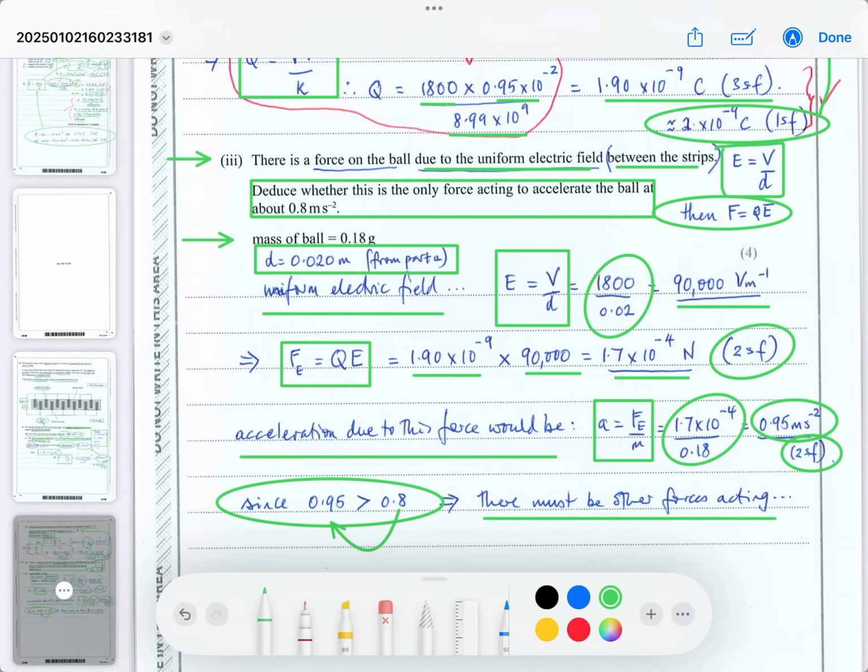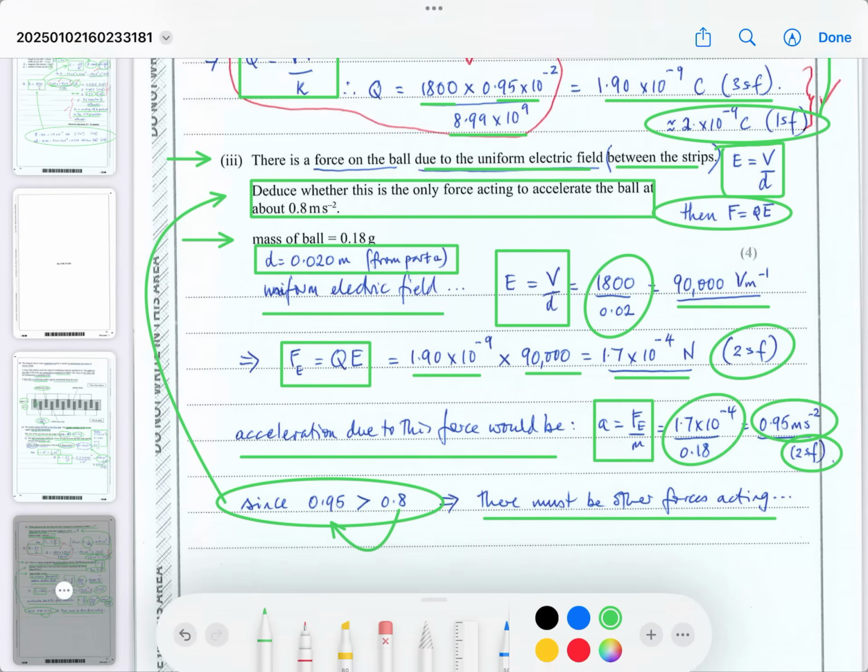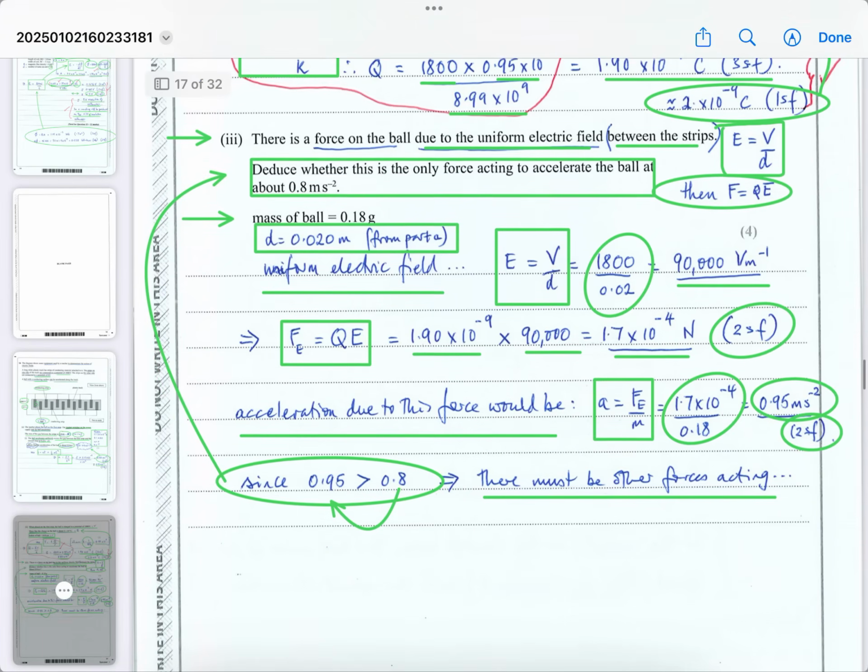That's how I should have put it. Excuse the way I explained that last bit, because your acceleration is higher than the 0.8 that we wanted to work out here. So that's your conclusion, and that's the final mark that you get for this part of the question. Hope that makes sense.